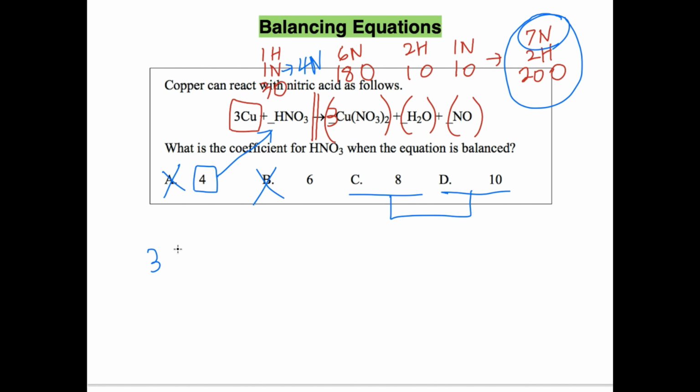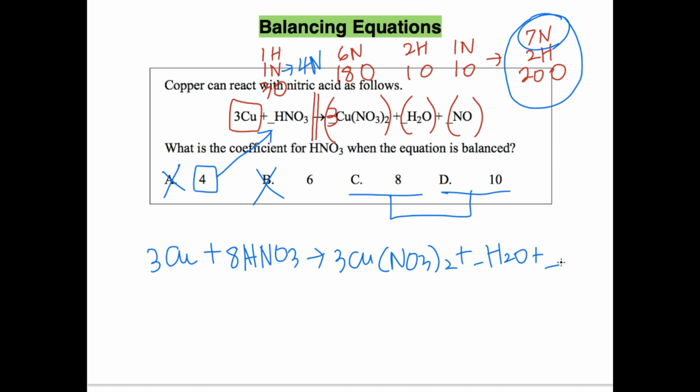If we plug 8 in, let's see what happens. 3 copper, 8 nitric acid will give us 3 copper nitrate. And I don't know the coefficient for water, and I don't know it for nitrogen monoxide. So let's see if this works.